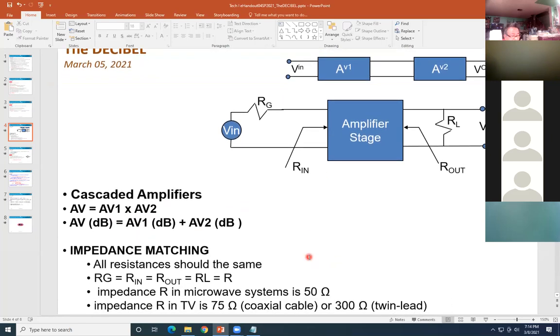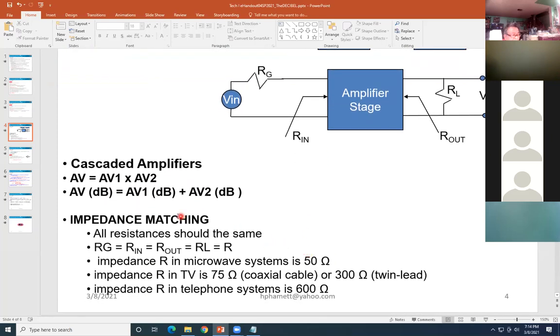And the last one I'm talking about now will be impedance matching. That means your amplifier here, input impedance R in, output impedance R out, or RL, the resistance should be the same. RG equals R in, equals R out or RL.